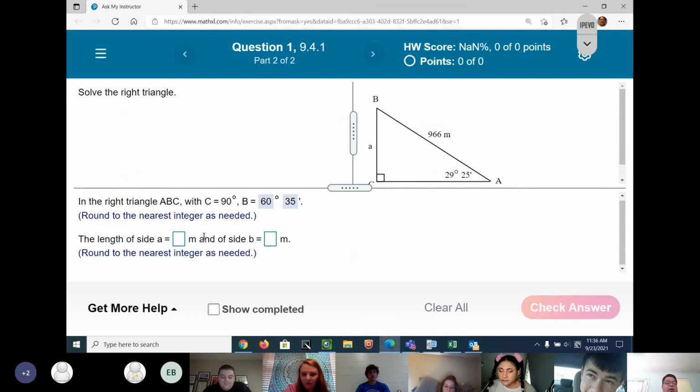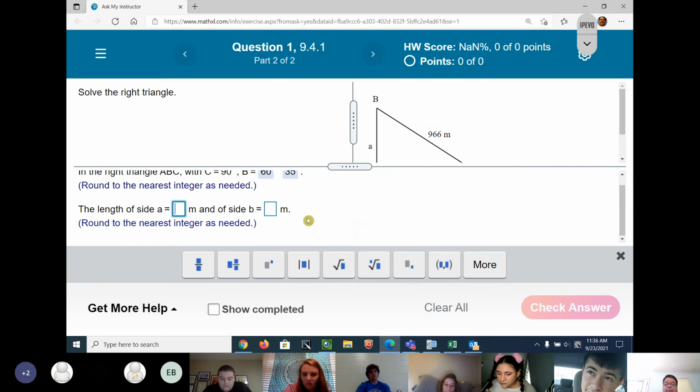Anyway, long side. Somebody multiply. Somebody tell me what is the adjacent side? A is the opposite side. Somebody tell me what 966 times the sine of 2925 is, please.